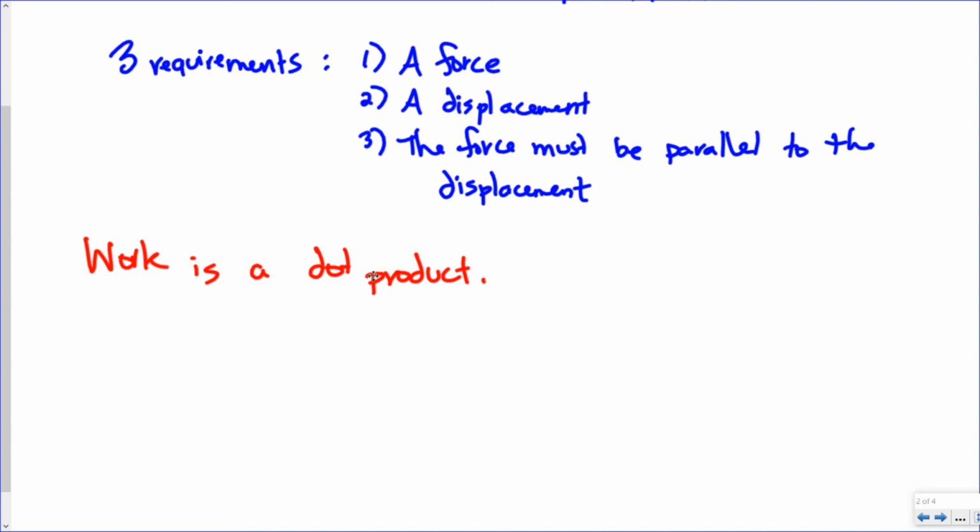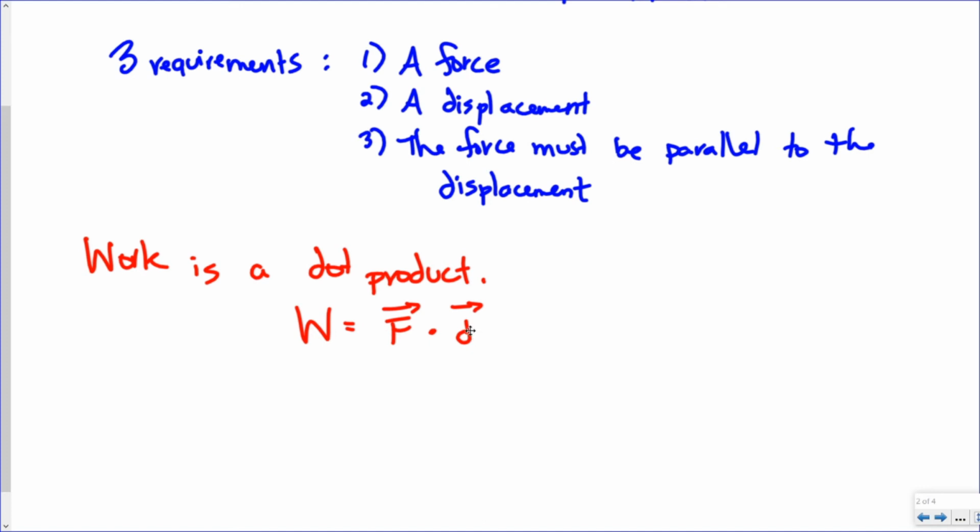So we're going to go ahead and use this idea of dot product to talk about work. So here's my formula for work. Work, represented by a W, is equal to, number one, our requirement was we need a force, so here's our force, it's a dot product, and the other thing we needed was a displacement. So work is the dot product of force and displacement.